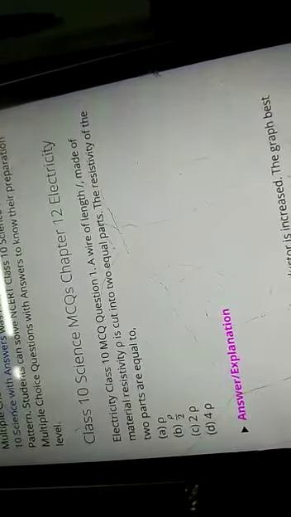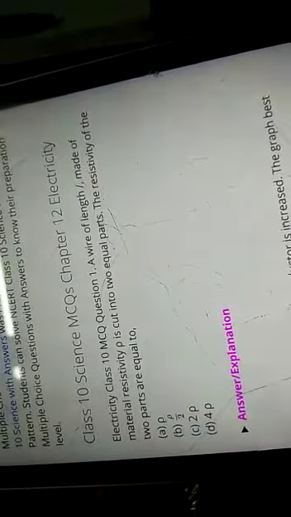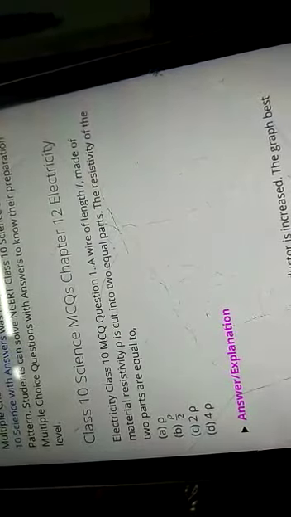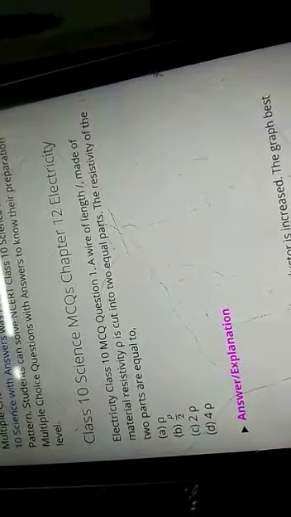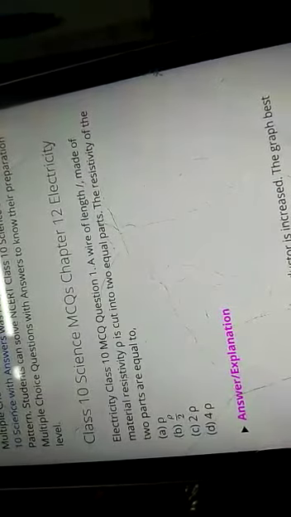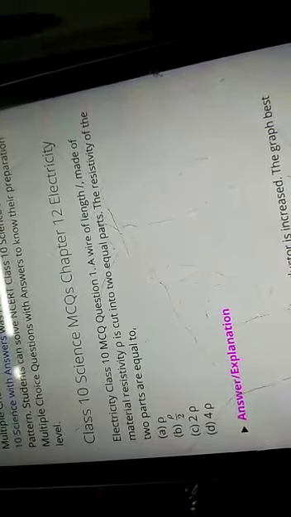Resistance of any wire or any metal depends upon length and area, that is dimension, but resistivity is the internal property. So the resistivity will not change.